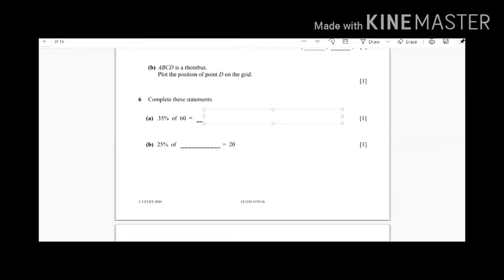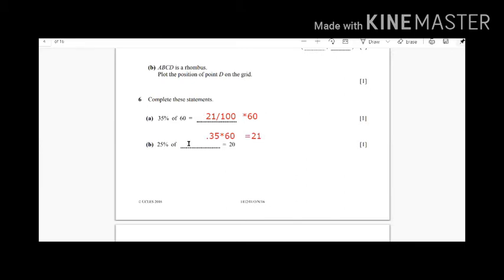One first way is you will write 35 divided by 100, and then whatever the answer will come, you will multiply it by 60. One way is this, right? And the other way you can do like this: 0.35, because 35 percent is 0.35, multiplied by 60. In both ways you will get the answer 21.